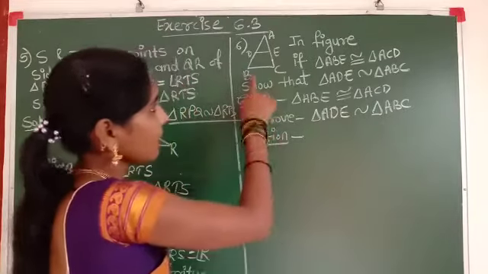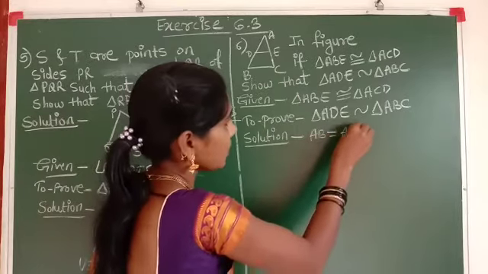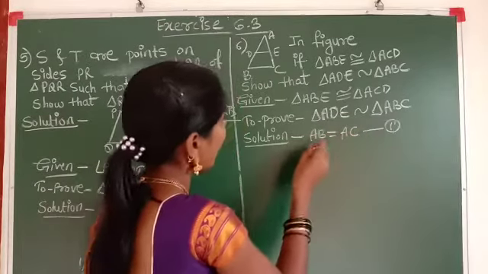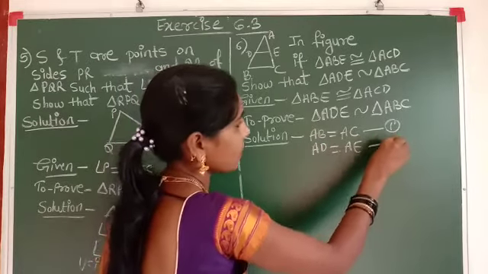Solution. We know that AB is equal to AC, this is equation 1, and AD is equal to AE, this is equation 2.